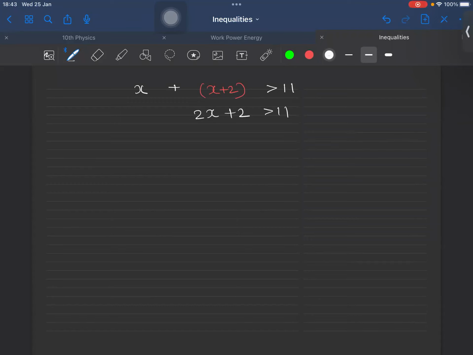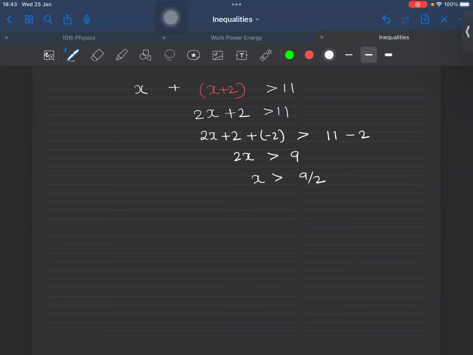If we add negative 2 to both sides, 2x plus 2 minus 2 should be greater than 11 minus 2. So 2 times x should be greater than 9. x must be greater than 9 by 2.